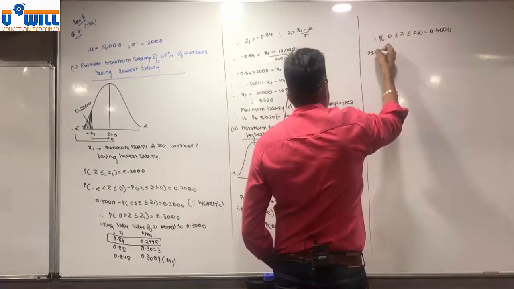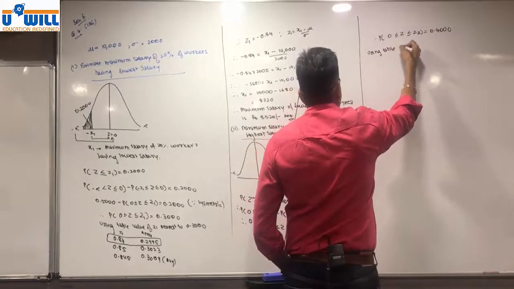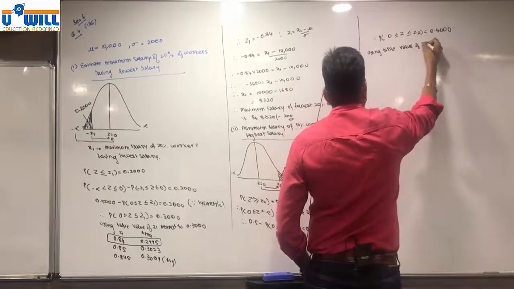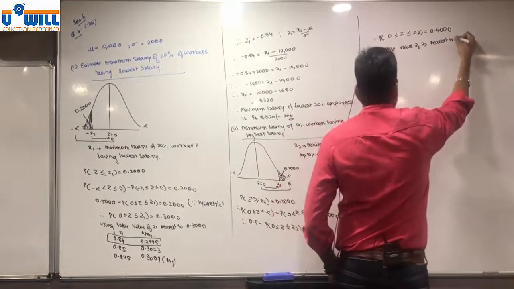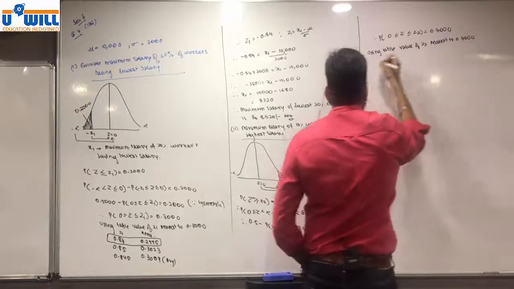Using table, value of Z2 nearest to 0.4000.